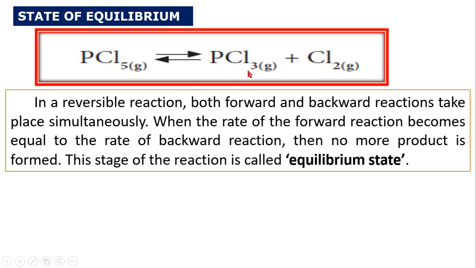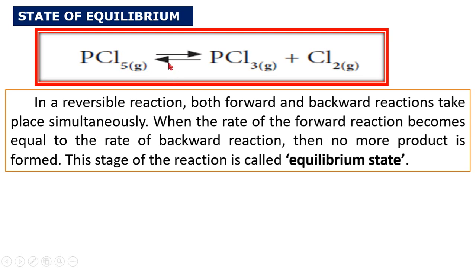And phosphorus trichloride and chlorine combine together to form phosphorus pentachloride, and this is called a backward reaction. So it is a reversible reaction. Both forward and backward reactions take place simultaneously.